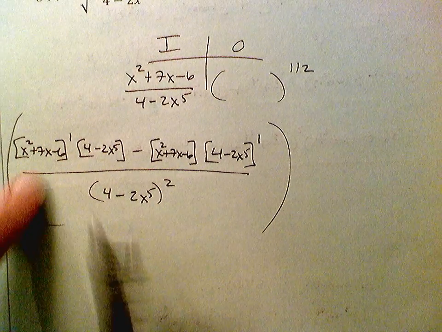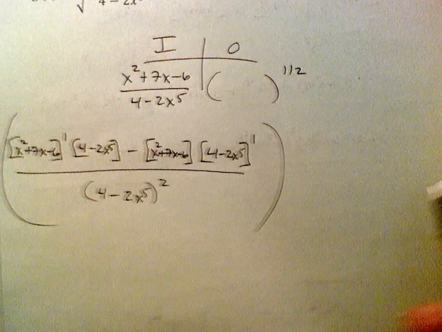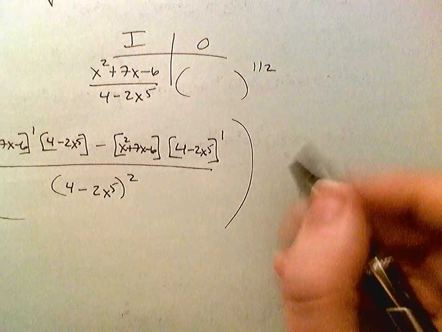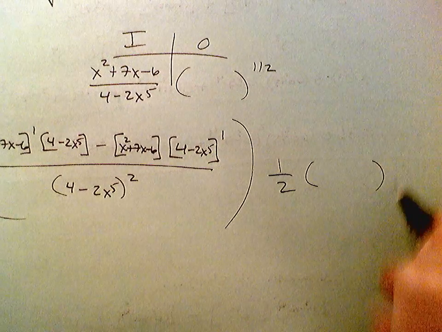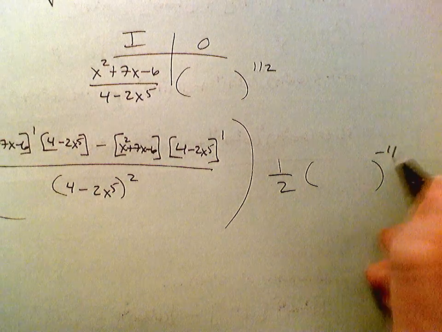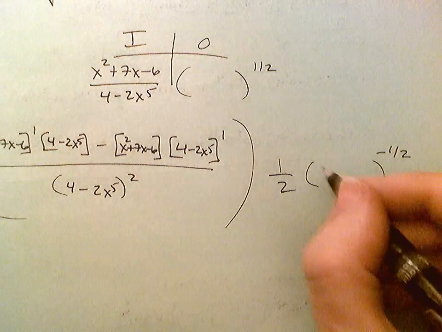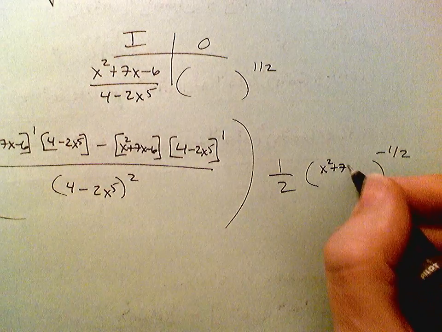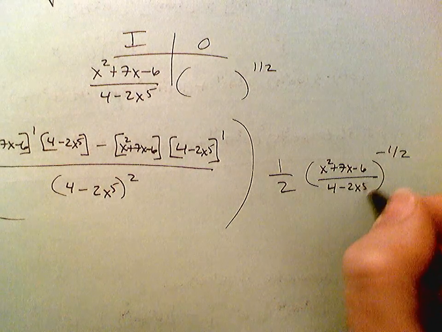Okay, so I'm going to take those derivatives in a moment. I might as well just take the derivative of this now because I'm right here. I'll finish this line in the problem. Power rule, 1/2 blank to the 1/2 minus 1, which is negative 1/2. What goes back in? The old inside. So x to the second plus 7x minus 6 over 4 minus 2x to the fifth.